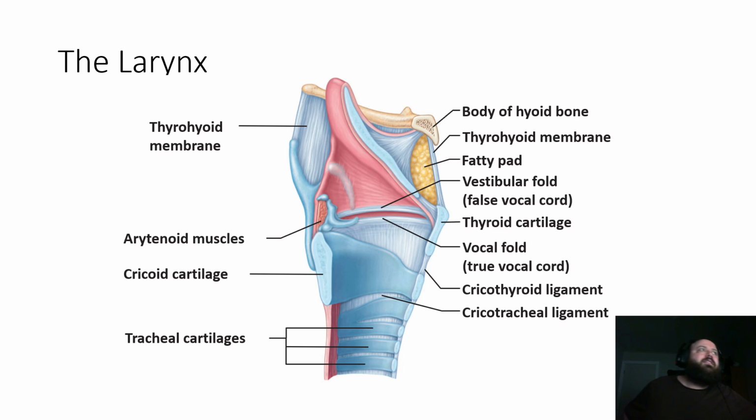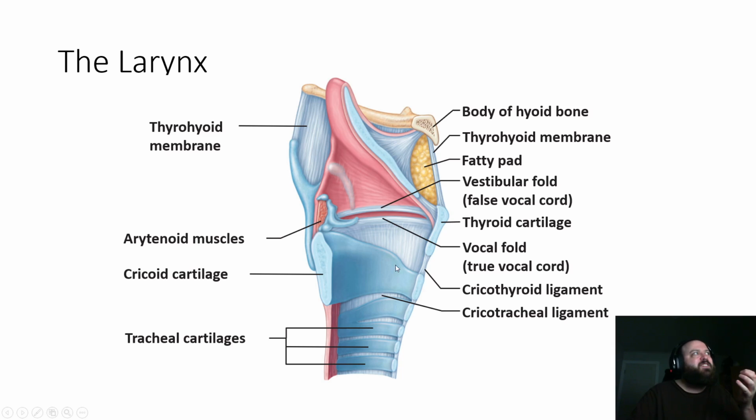I don't really want to dwell on it, but from this figure here, you can see in blue, there's lots and lots of different cartilage types that are present. And these are very important in terms of making vocalizations. But since we're not talking about that in this course, I just want you to see it and appreciate that it exists, but it's not something that I'm planning on examining you on.